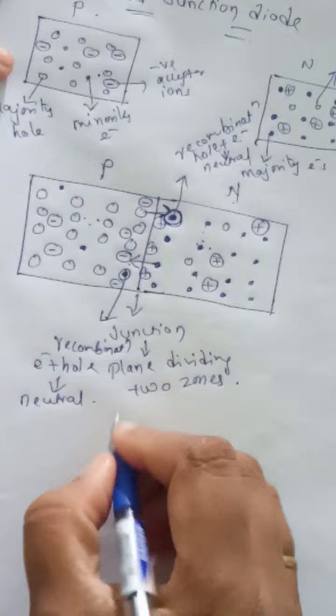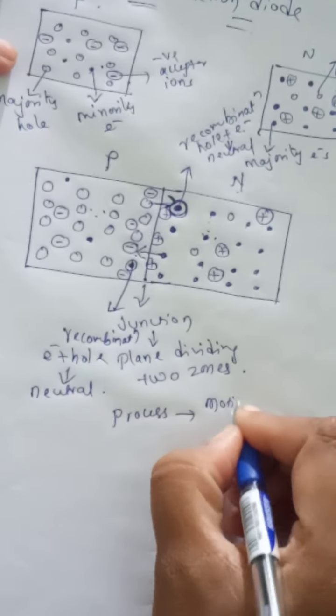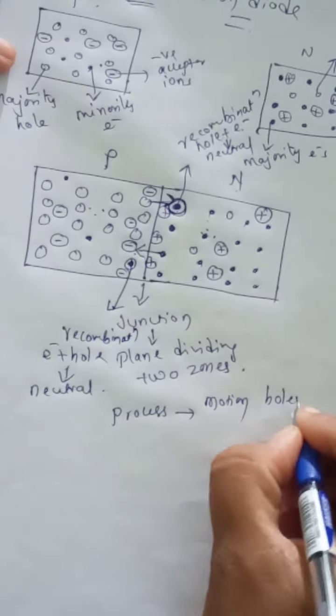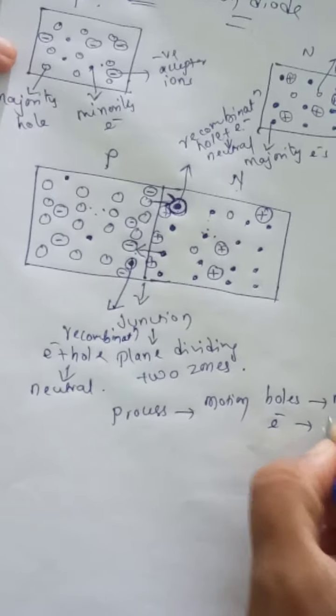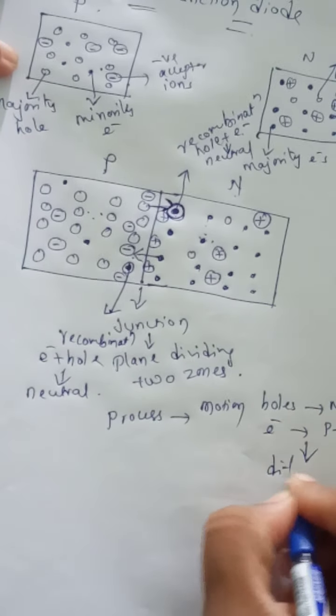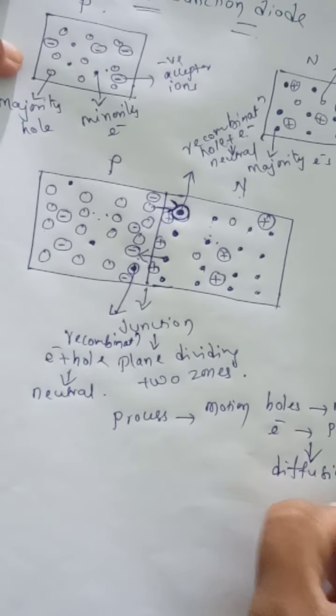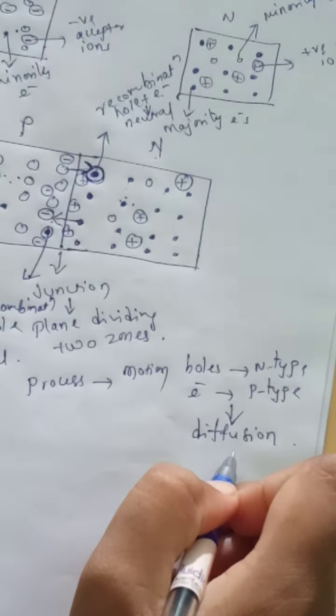Now this process of motion of holes into n-type and electrons into p-type, we call diffusion. So diffusion is the motion of holes into n-type and electrons into p-type.